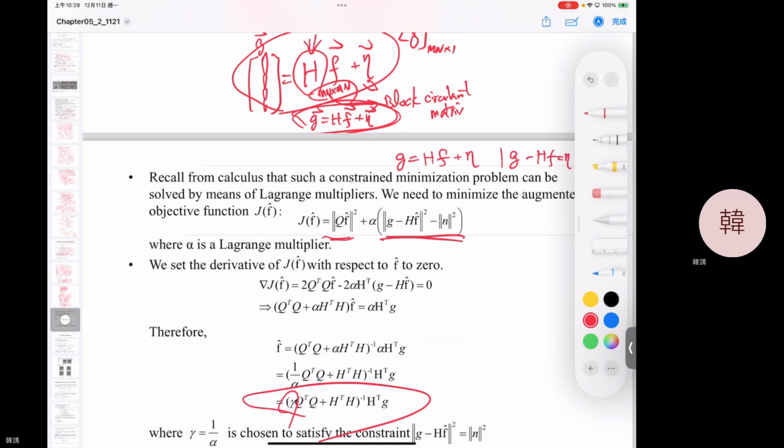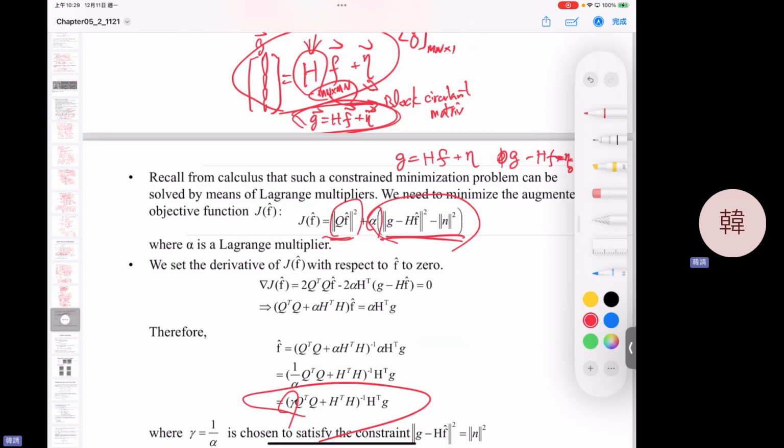equal to eta, so g minus Hf minus eta equal to 0. So we are going to combine your constraint condition there, adding some Lagrange multiplier. Alpha here is what we mentioned before as lambda. And this is your minimized objective function. Okay, so maybe minimize the variance of your image.